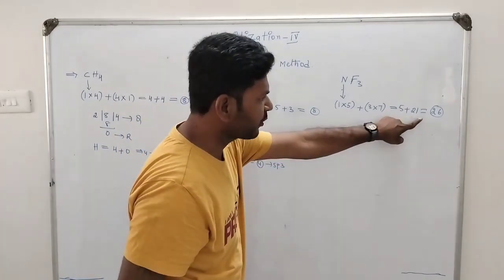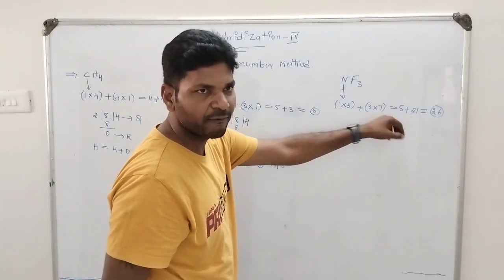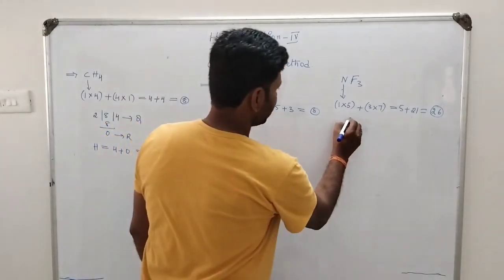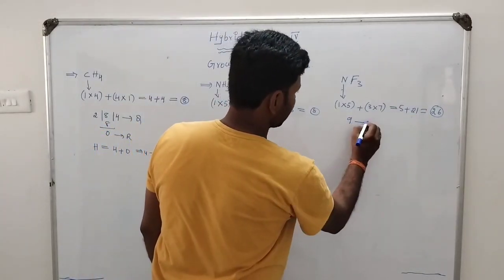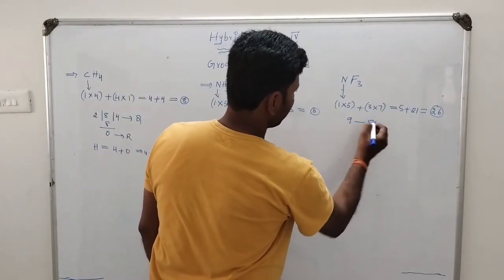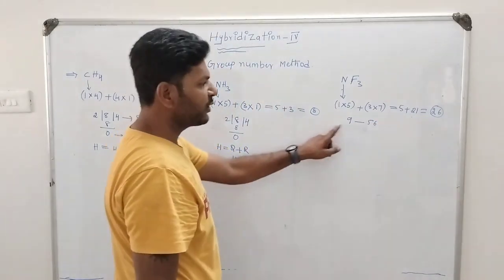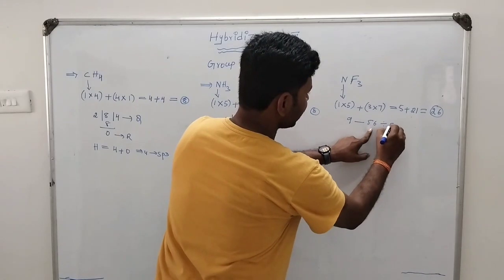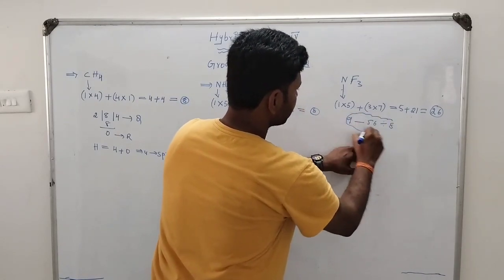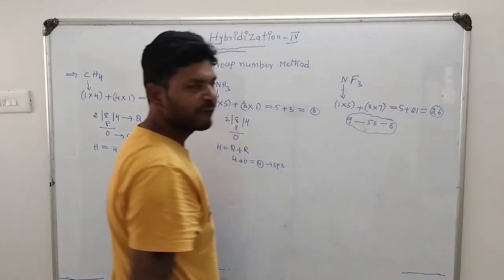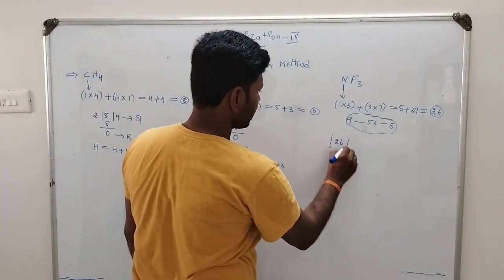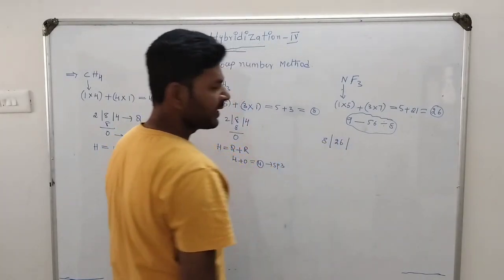If the valence electron number is 2 to 8, we divide by 2. If it is 9 to 56, we divide by 8. Here we got 26, so we divide 26 by 8.